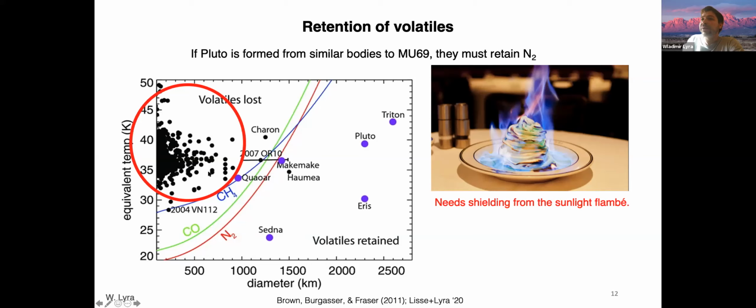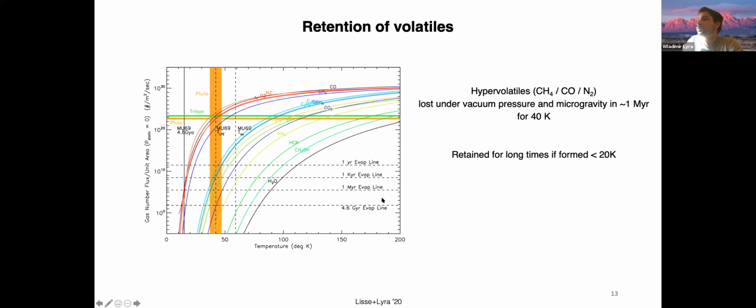So what you need to retain these ices in MU69 is if they formed while the gas was there. So they formed in an optically thick midplane that keeps the temperatures low. This is seen here in this plot by Kozai-Lidov. So this is a very busy plot, but the way that you read it is here. On the right hand side, on the bottom axis, you have the temperature.